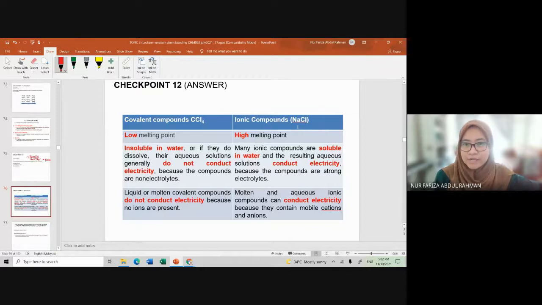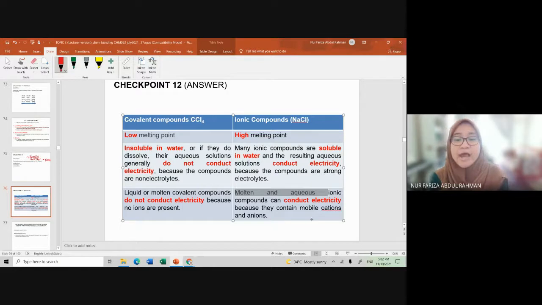But for ionic compound, nampak tak? You kena mention molten dengan aqueous. Kalau you just cakap sodium chloride conduct electricity, ayo. Okay? Tak boleh macam tu. You have to be specific. Can conduct electricity because they contain mobile cations and mobile anions pun should be okay.